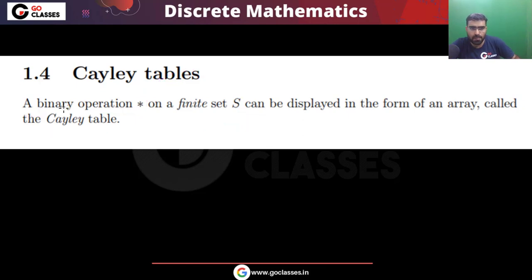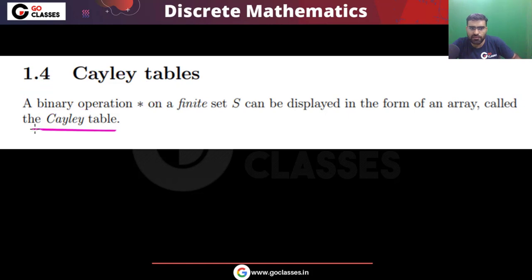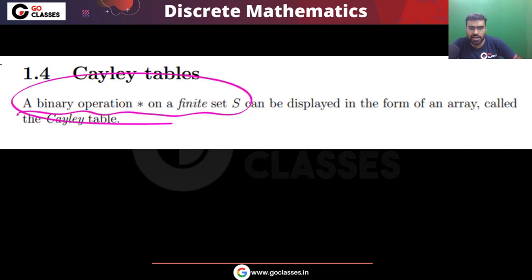Remember one thing, even if you don't have a group, you can create a Cayley table. If you have a group, you can create one. If you have a monoid, for that also you can create a Cayley table. For semi-group also, and for groupoid also. So we can create this Cayley table for any binary operation on a finite set. Your base set must be finite.